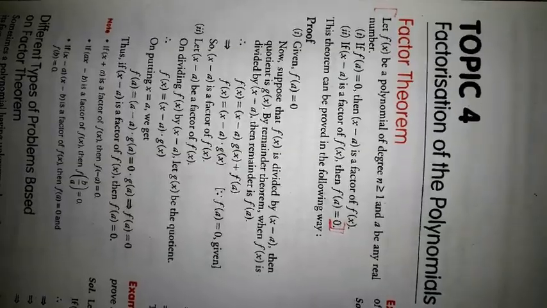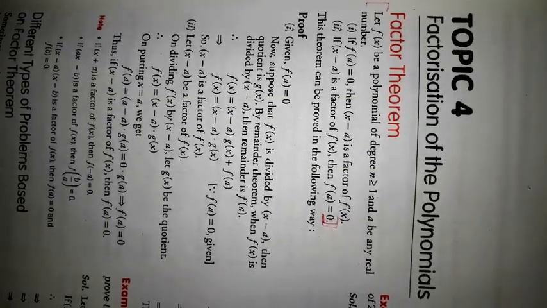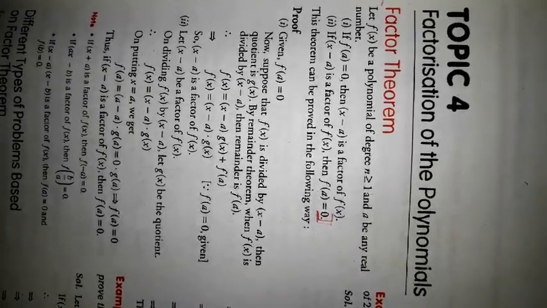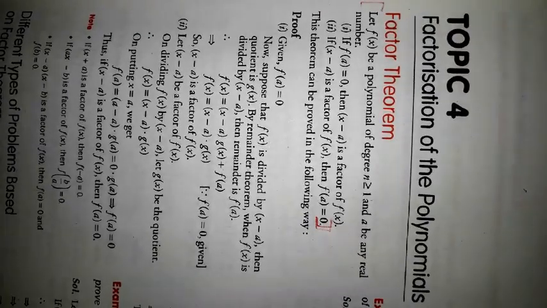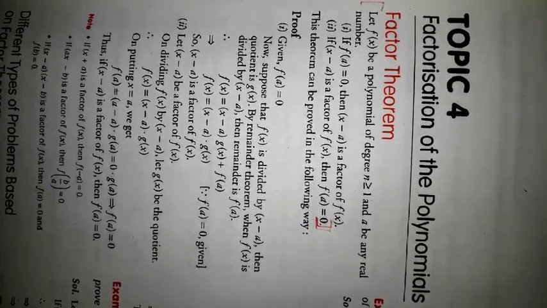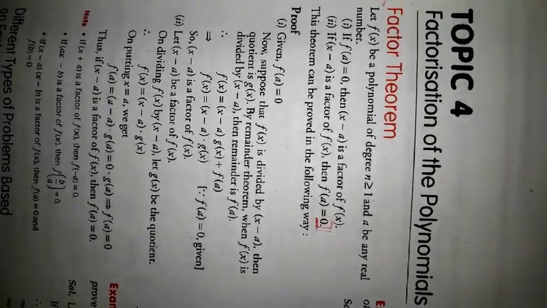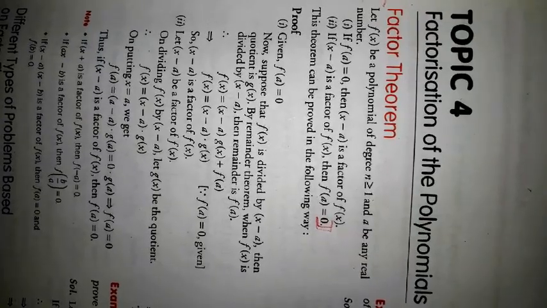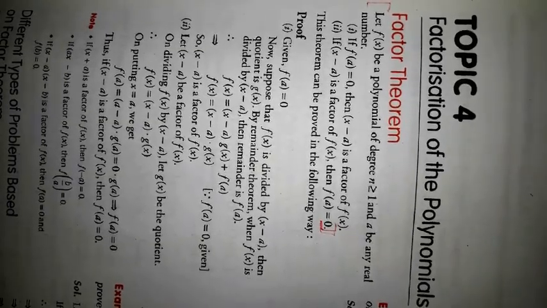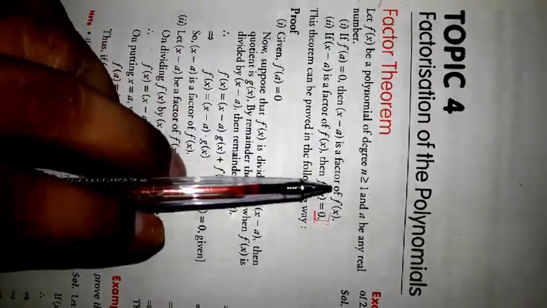Means f(x) can be any polynomial, for example f(x) = 2x² + 3x + 4, with degree greater than or equal to 1, so the degree should not be 0 or negative. And a is a real number. The first point of this statement is: if f(a) = 0, then x minus a is a factor of f(x).